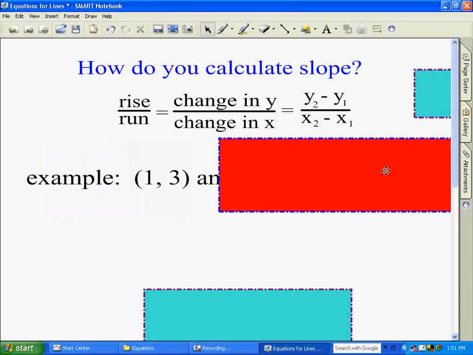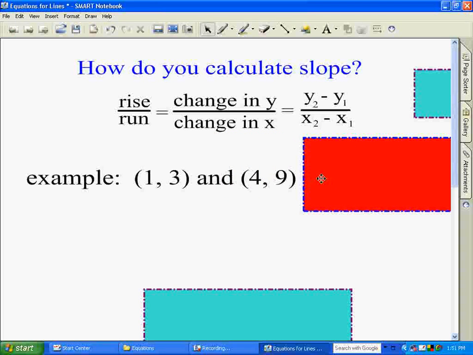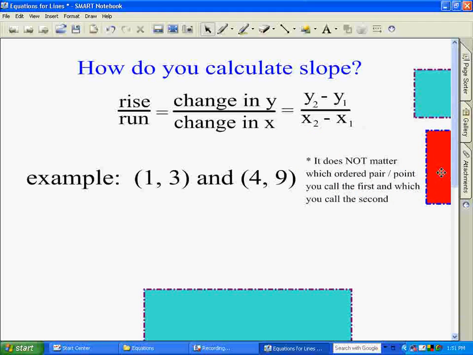All right, here's an example. If you have the points (1, 3) and (4, 9), and you want to find the slope between those 2 points. And a note, it does not matter which ordered pair or point you call the first and which you call the second. It works the exact same way. So I'll call this pair the first point and this one the second point. As I said, it really doesn't matter.